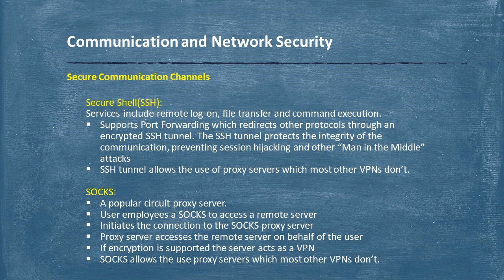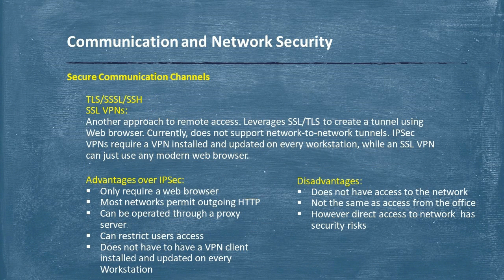A user employs SOCKS to access a remote server. The user initiates a connection to the SOCKS proxy server, then the proxy server accesses the remote server on behalf of the user. If encryption is supported, the server acts as a VPN. SOCKS allows the use of proxy servers, which most other VPNs don't.